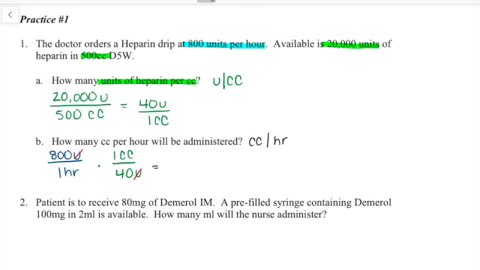So then that equals 800 cc over 40 hour, and then 800 divided by 40 is 20, so the answer is 20 cc's per hour.